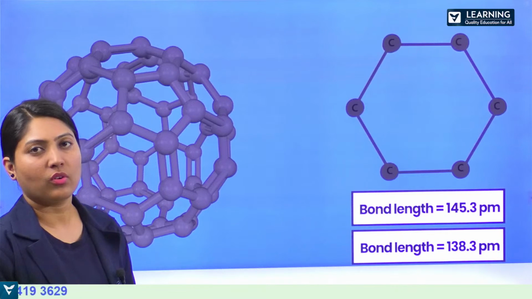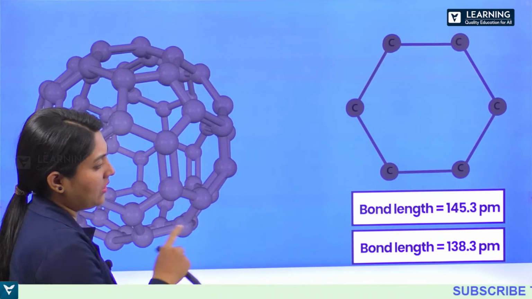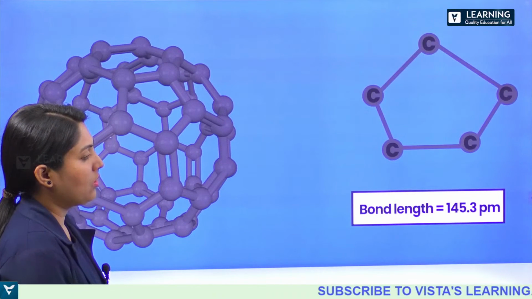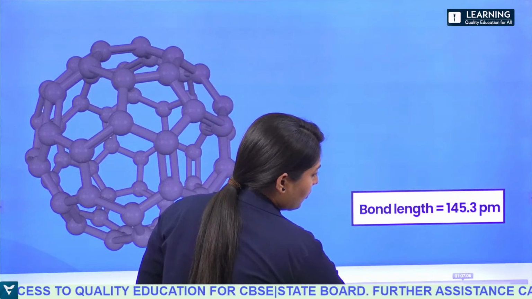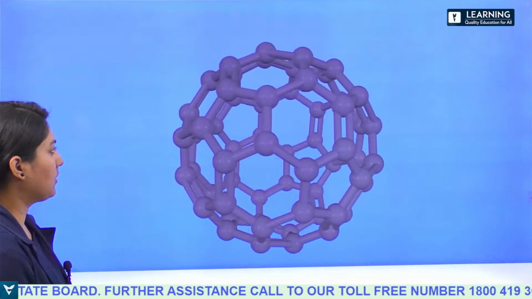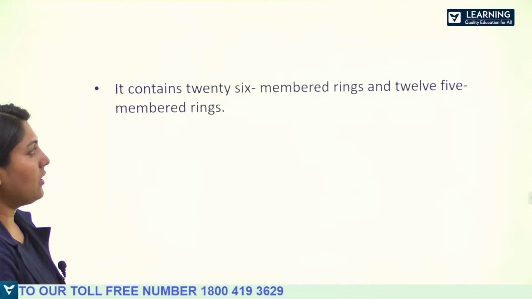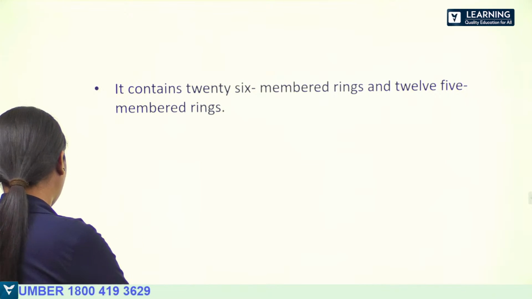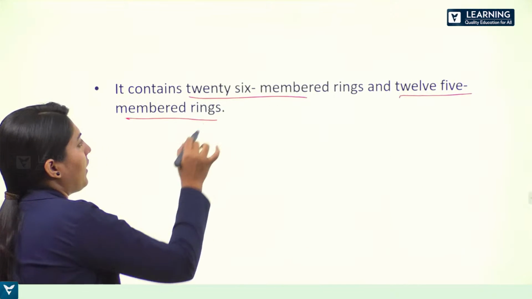So the bond length is 145.3 picometer for the hexagonal one, whereas you have a bond length of 138.0 picometer for the pentagon. Right? So it contains 20 6-membered and 12 5-membered rings.